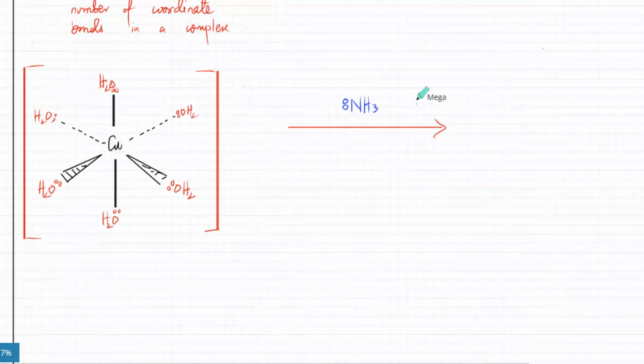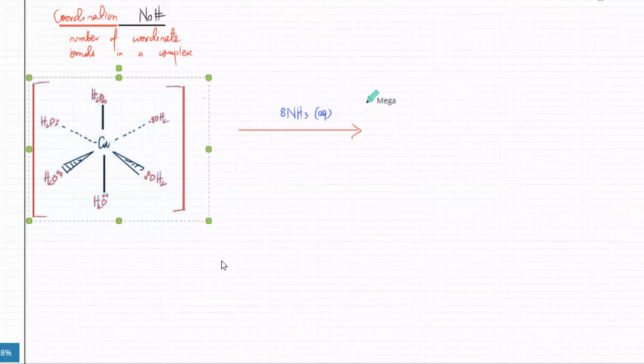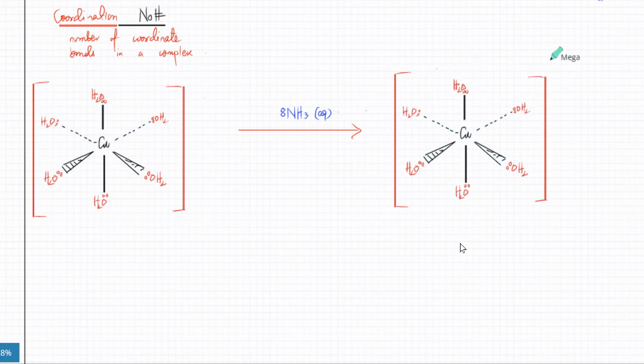So what these ammonia molecules would do is, if you keep adding ammonia aqueous, that means water is still there. So you've got a solution that's got ammonia as well. You've got this complex, copper ion surrounded by water molecules, but now one by one, the NH3 would approach, and if the NH3 concentration is high enough, then the NH3 molecules would start knocking out the water molecules.